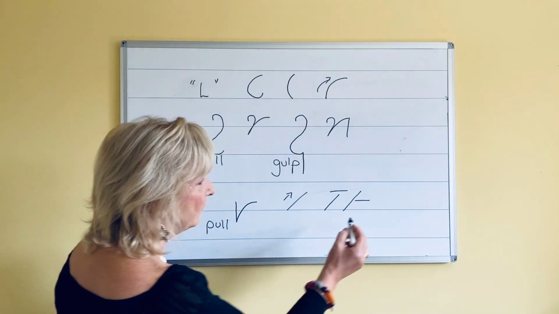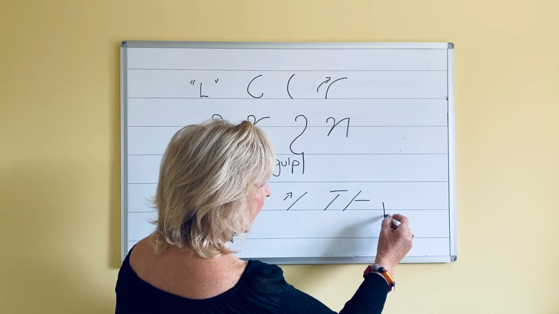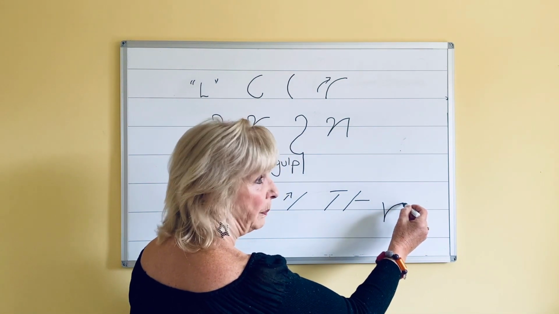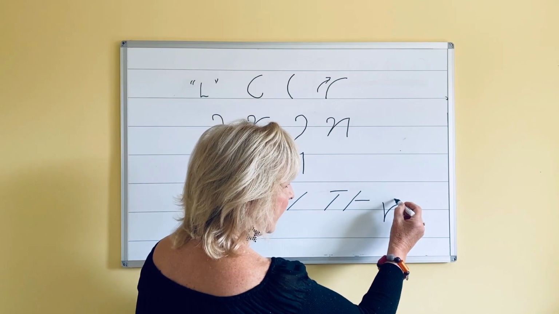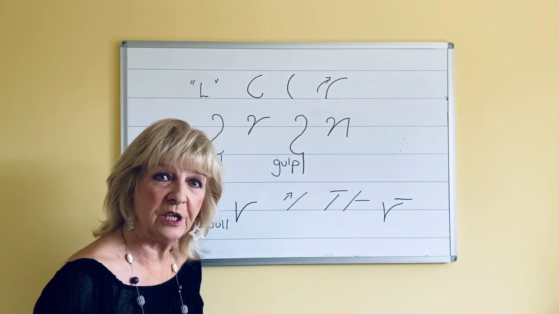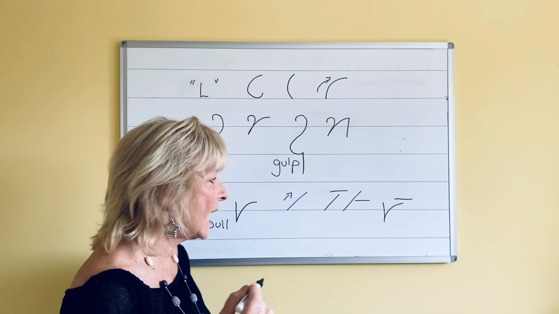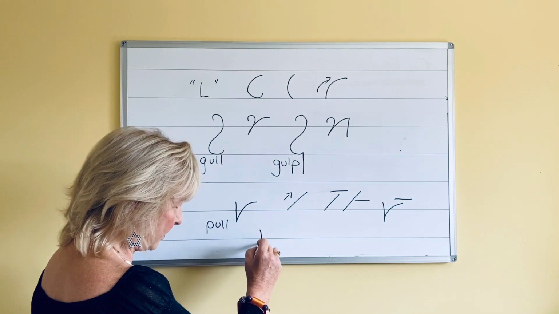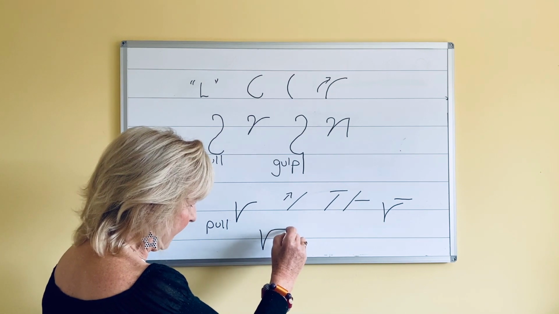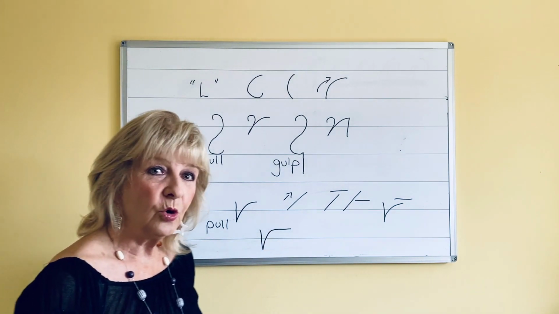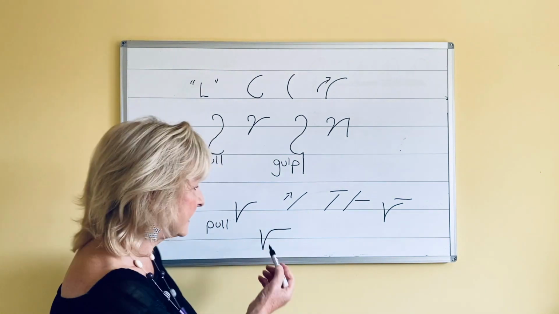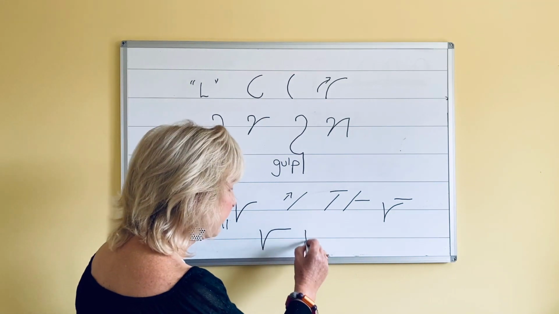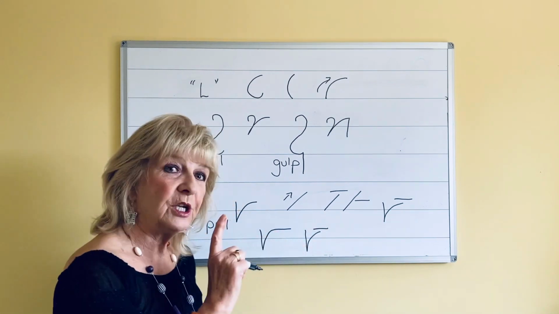So now we have P, L, and if I wanted to add a T to make it say the word polite, then the T would be disjoined like an umbrella. What would happen if I forgot that disjoined T? Wouldn't be the end of the world, but my outline would look like this, P, L, and then T. When you're writing at 100 words a minute in an exam, you might just think that's an extra long L. So you need to have that T disjoined because it does 2 things.